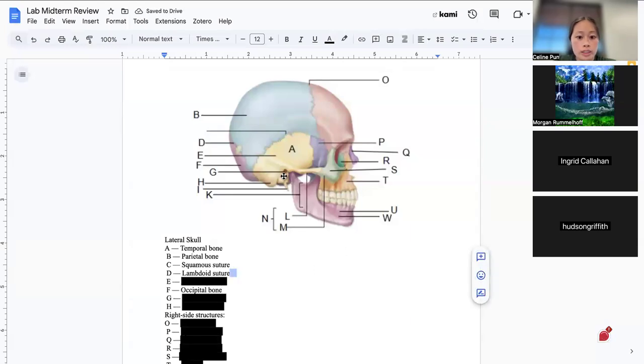Okay. G is pointing to this hole. What is this hole called? External acoustic meatus. And H, this little protrusion down here.